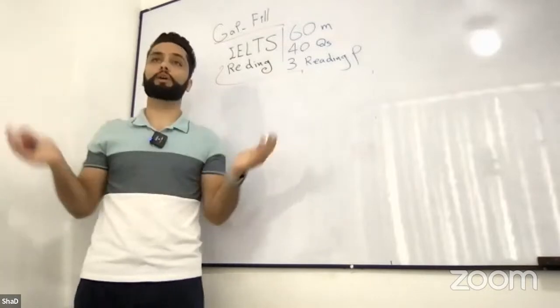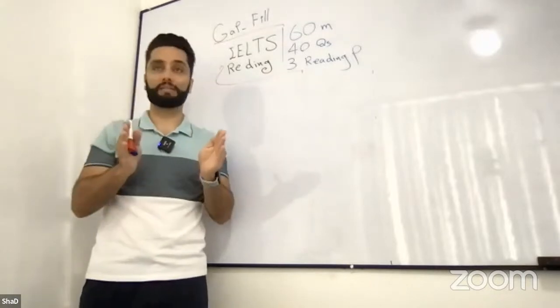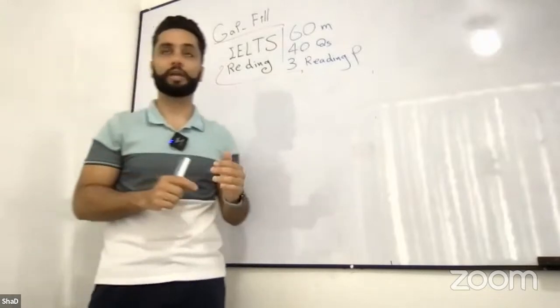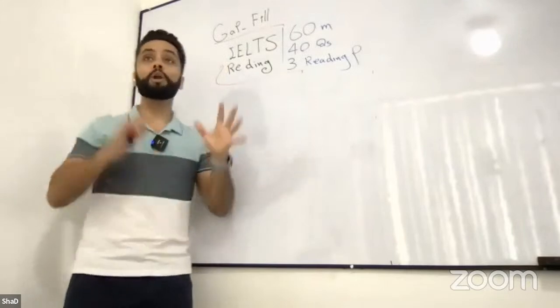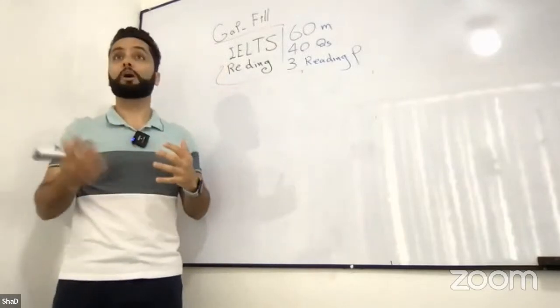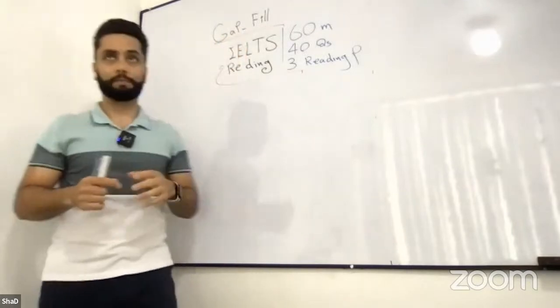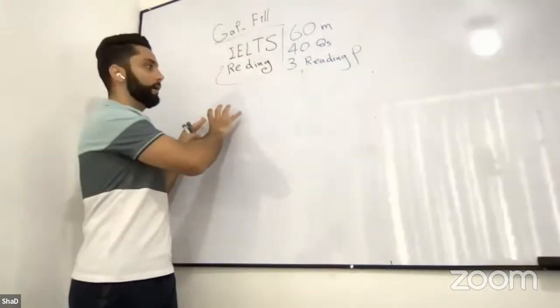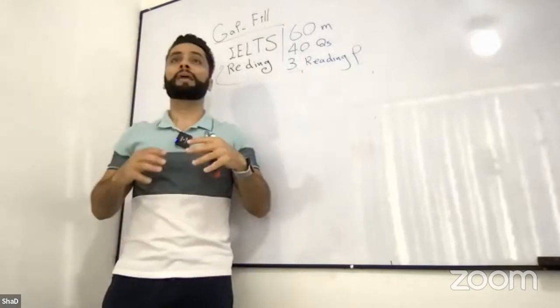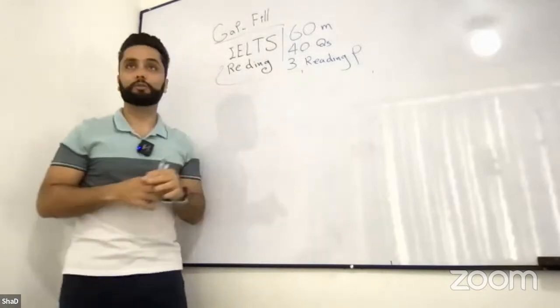Well, you don't see all of the question types in one test. You probably see 4 or 5. One of those question types, which is very common, is GapFill. And today we're gonna see an example of how to answer these GapFill question types.